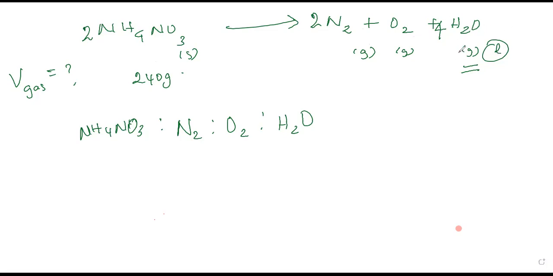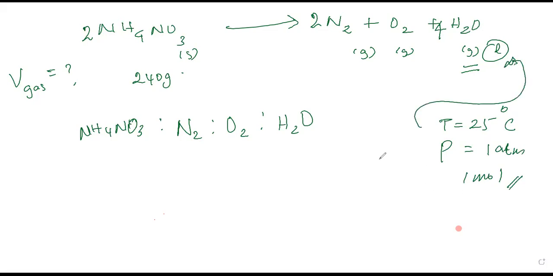And also they mentioned clearly this happens under standard condition. So when you say standard condition, your temperature is 25 degrees Celsius and your pressure is 1 atm at 1 mole. When you say the word standard condition, the water always will be in liquid state, not the vapor state. So this question is a conflict. You can select either of two ways. The first way is we will go according to their question.